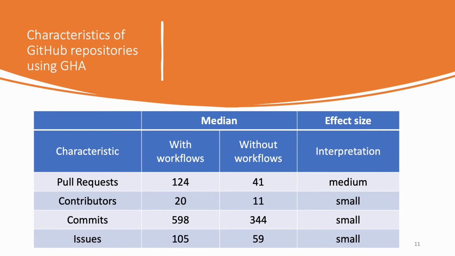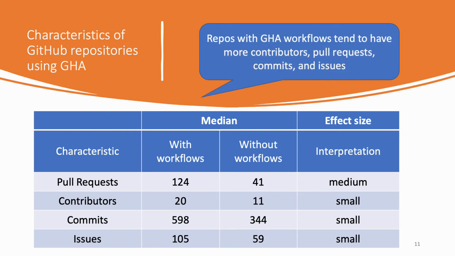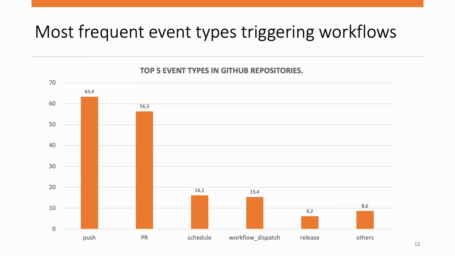On top of these, we studied 6 other characteristics like number of branches, age of project, and stars, which didn't indicate any specific difference. So we can understand that repos with GHA workflows tend to have more contributors, pull requests, commits, and issues.